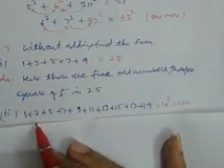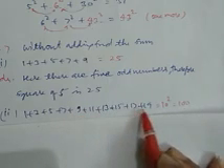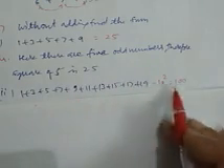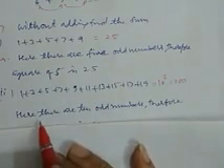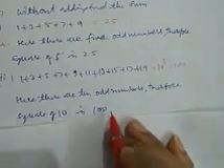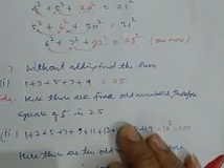Here we count the numbers 1, 2, 3, 4, 5, 6, 7, 8, 9, 10. So the square of 10 is 100. So the sum of these numbers is 100. Here there are 10 odd numbers, therefore the square of 10 is 100. So this way you can solve the questions of exercise 6.1.